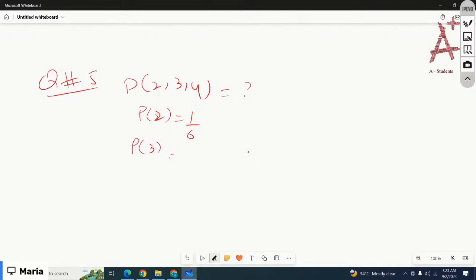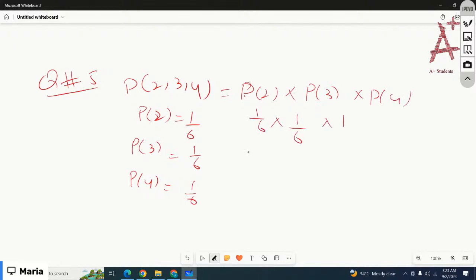Probability of 3 is also 1 over 6. And probability of 4 is also 1 over 6, right? So that means you have to multiply the probability of 2 times the probability of 3 times the probability of 4. It would be 1 over 6 times 1 over 6 times 1 over 6. So 1 times 1 is 1, 6 times 6 is 36, and 36 times 6 is 216, so 1 over 216, right?